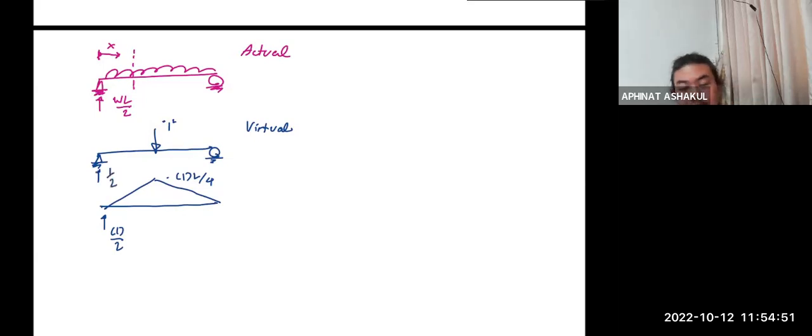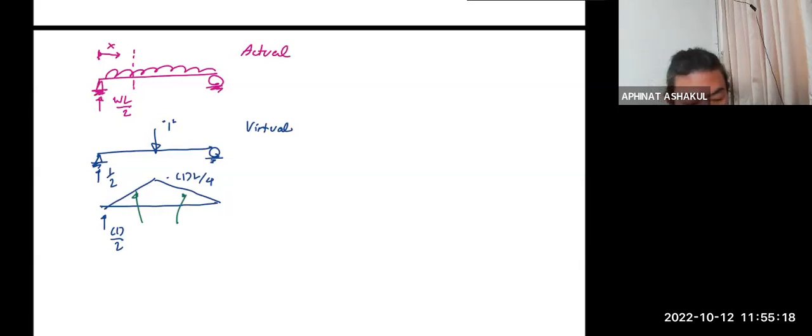So what does this quick bending moment diagram tell you? It tells you that you must have two equations to explain the moment in this case, because this is one equation and that's another. You can't have one equation.